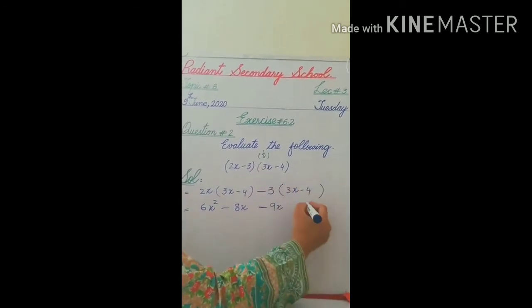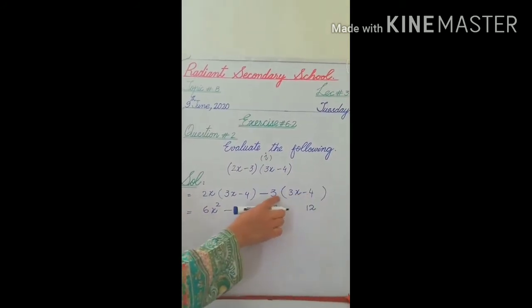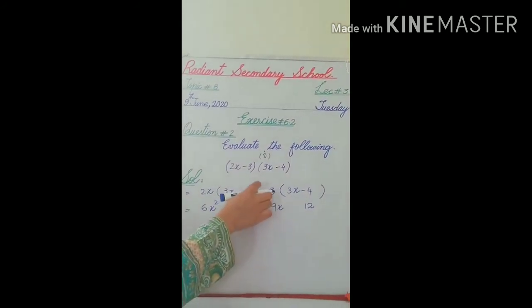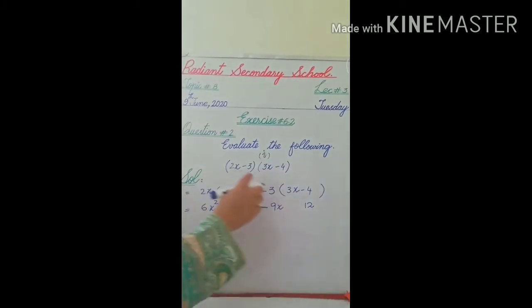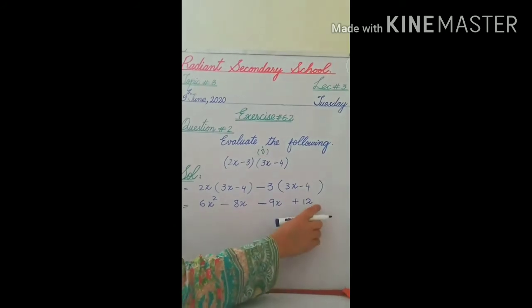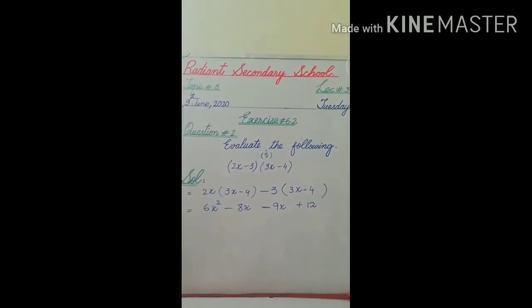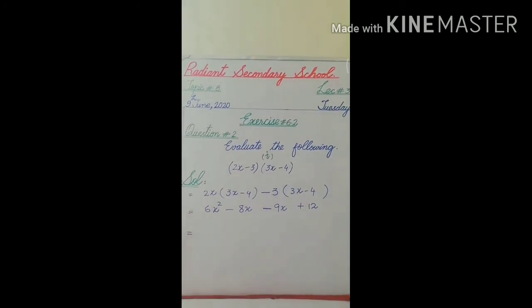Now coefficients multiply: 3 4s are 12. Now 4 has a minus sign and this 3 has a minus sign. When signs multiply, minus minus gives plus. There is no base, so this 12 will be as it is.